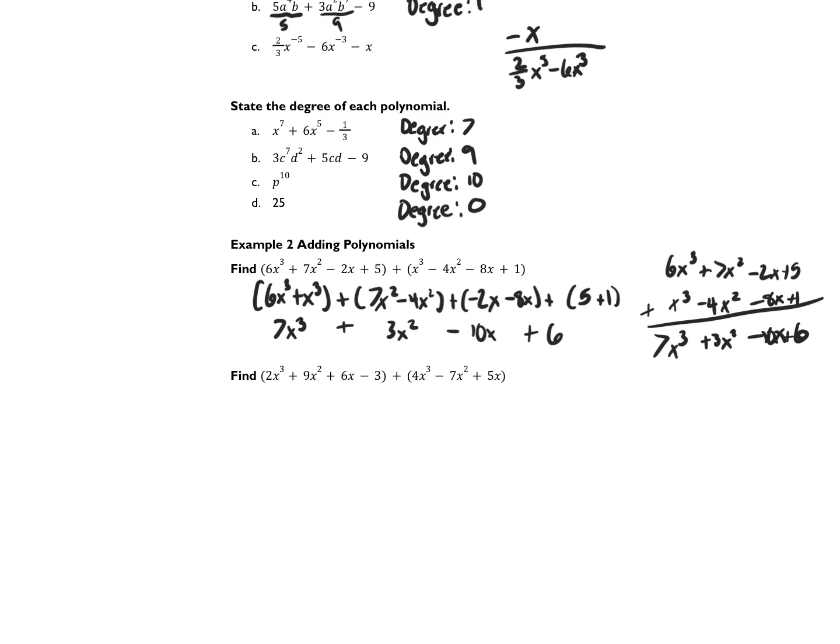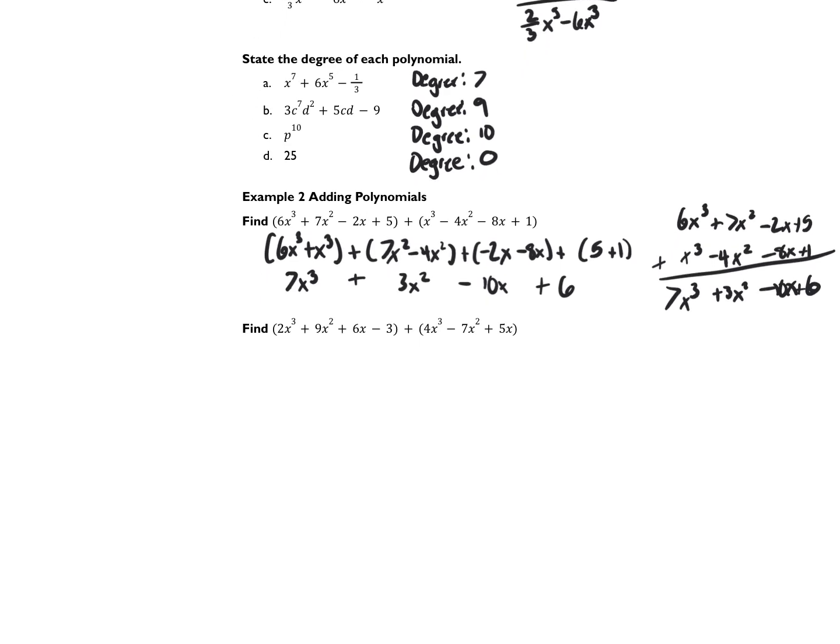So another example here, I'm just going to do a horizontal addition for right now, but you could do vertical for this one as well. So 2x cubed plus 4x cubed. And then we got 9x squared minus 7x squared.